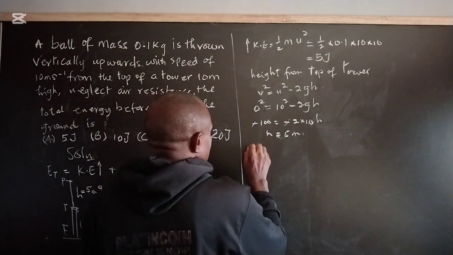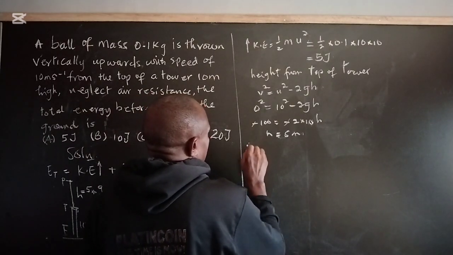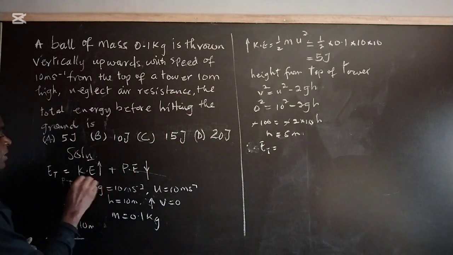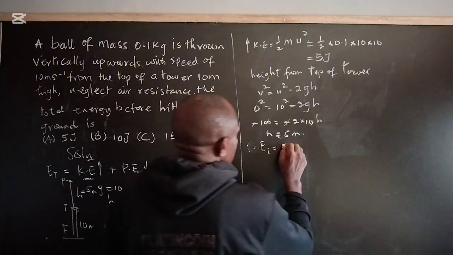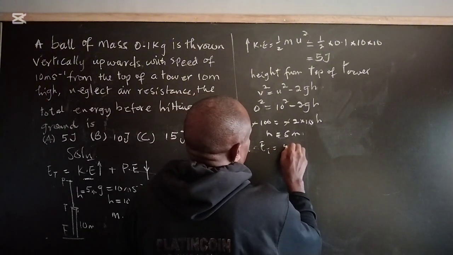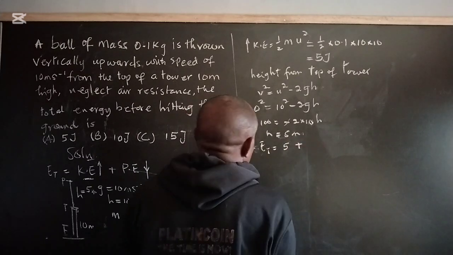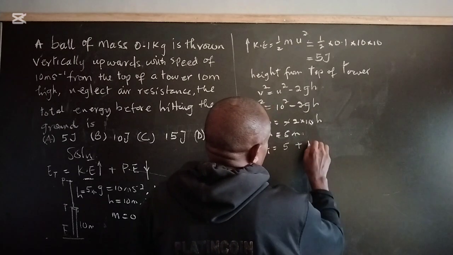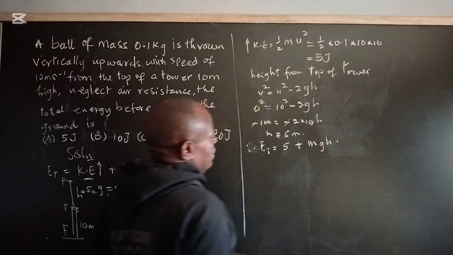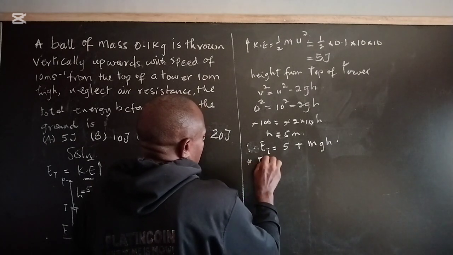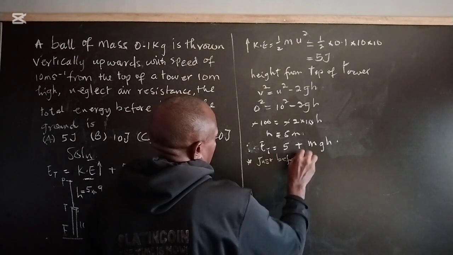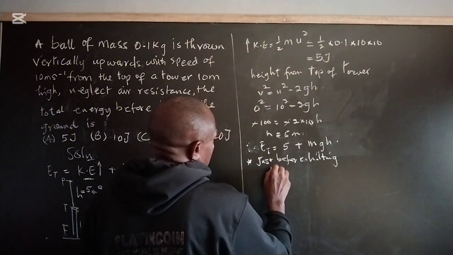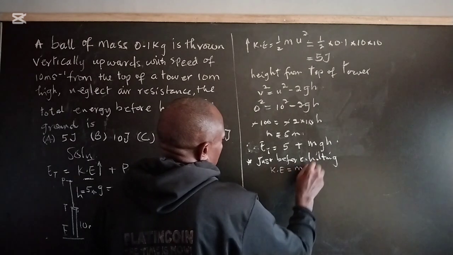Therefore, the total energy is equal to the first expression we have, the kinetic energy when it was going up. We calculated it and the value was 5 joules. Then plus, just before it hits the ground, this is going to be mgh. Note this point: just before hitting the ground, the kinetic energy is equal to the potential energy.